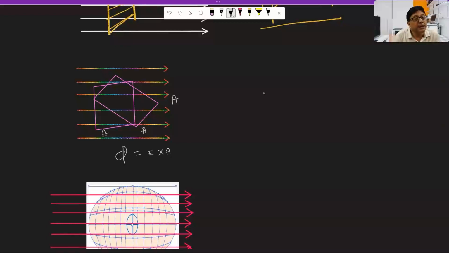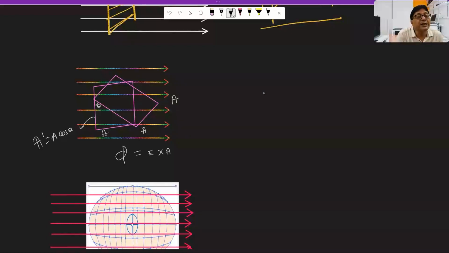In fact, for this kind of area you have to take the projection in a perpendicular direction. Suppose this one makes an angle theta with the direction of field line, I mean not 90 degree. In that case, you just consider that this angle is theta here. Then the projection of this area in the perpendicular direction is going to be A dash equal to A cos theta.